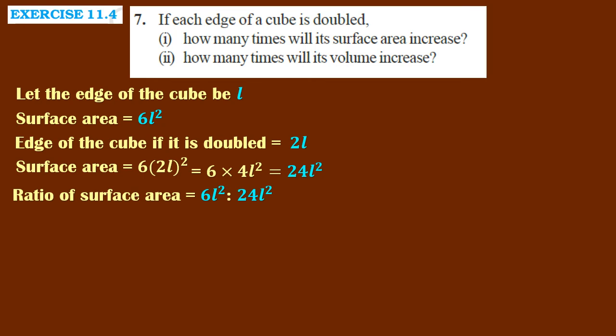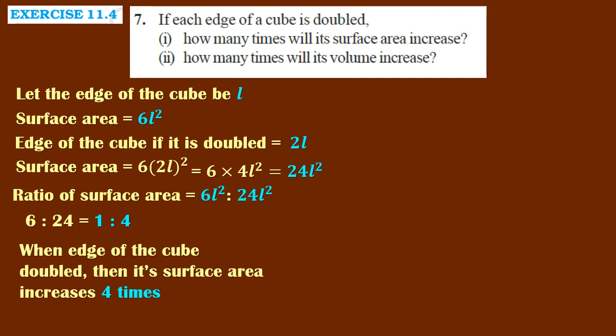We have to compare, no? So 6L square is to 24L square, which is equal to 6 is to 24. You have to bring it to lowest form. Ratio always should be in the lowest form. So it is 1:4. That means when the edge of the cube is doubled, its surface area increases 4 times.